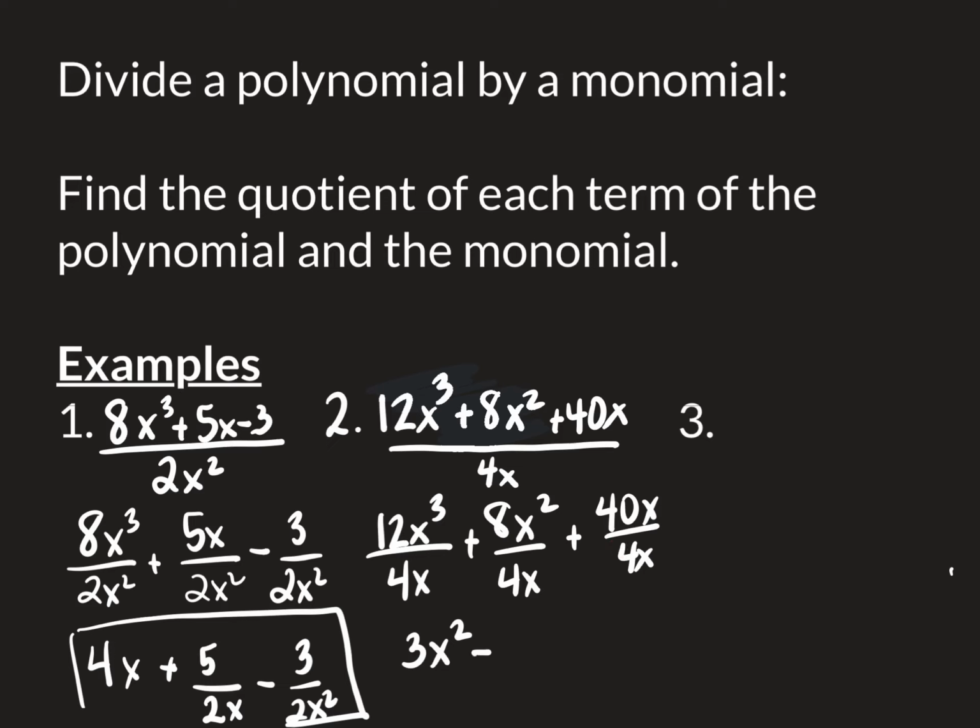So the second term plus 8 divided by 4 is 2x. And my last term plus 10. So the quotient of 12x cubed plus 8x squared plus 40x divided by 4x is the trinomial 3x squared plus 2x plus 10.